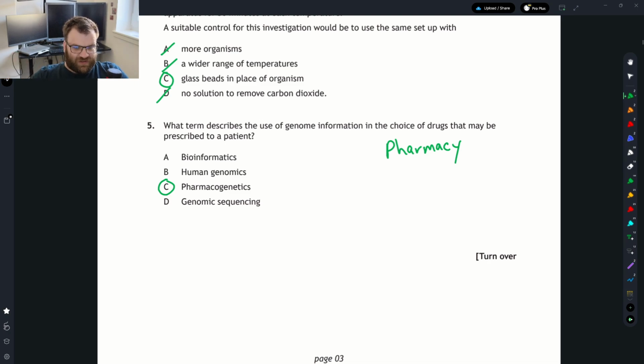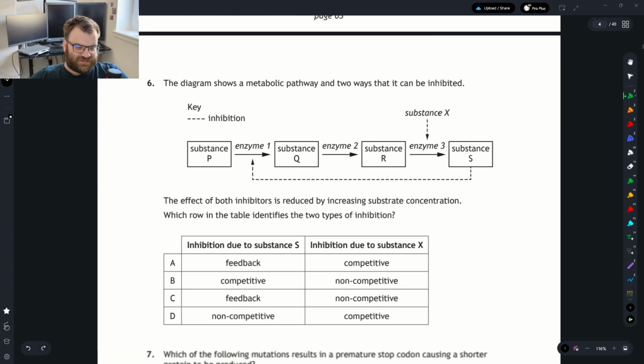Genomic sequencing, you look at the order of the bases in the DNA and use them to compare things like paternity. You look at potential for developing diseases and evolutionary connections between different organisms for that. Drugs, pharmacy, pharmacogenetics gets us C there.